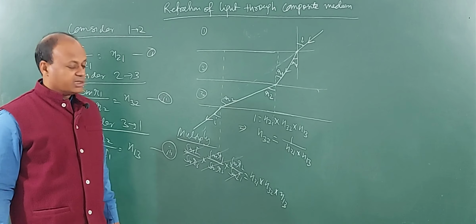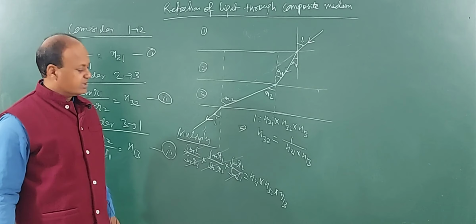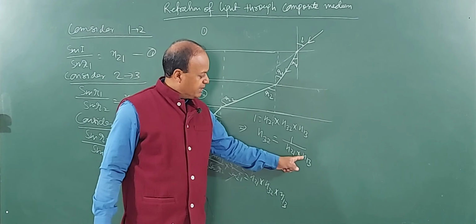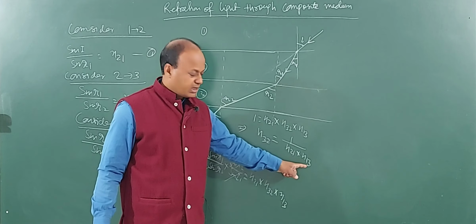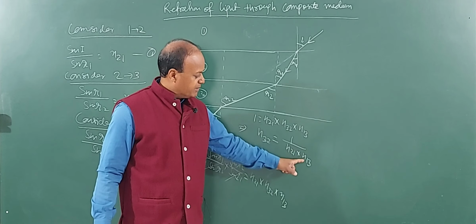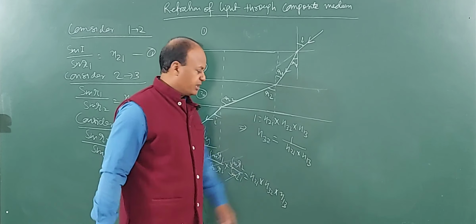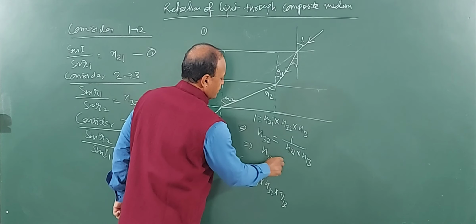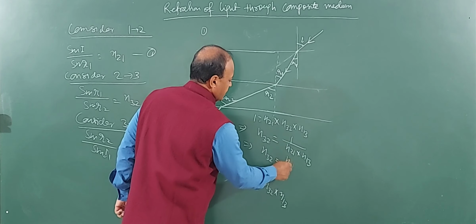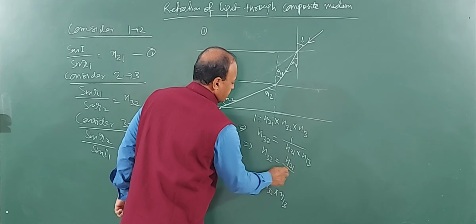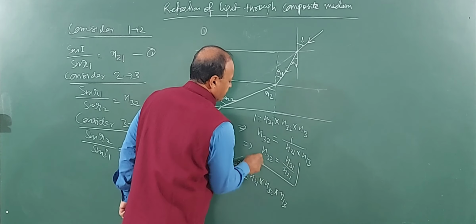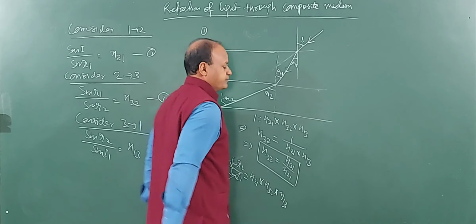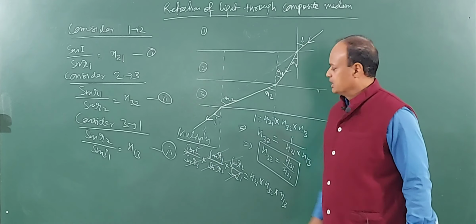Now I will be using the principle of reversibility of light. 1 divided by n13, that is, 1 divided by the refractive index of 1 with respect to 3, if you take it in the numerator, will become n31. So n32 is equal to n31 into n21, and this is a beautiful formula which we will be using very extensively. How will you understand it?